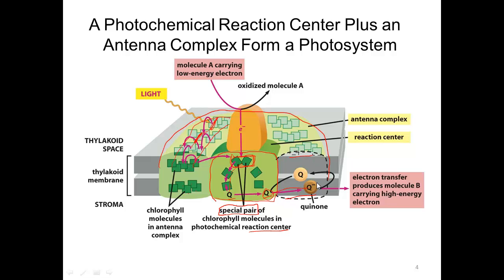Again, these molecules are very hydrophobic. Even with the negative charge, they are not able to escape into the aqueous environment, and this quinone will transfer the energetic electrons to the electron transport chain in a manner exactly analogous to what we've seen for oxidative phosphorylation.